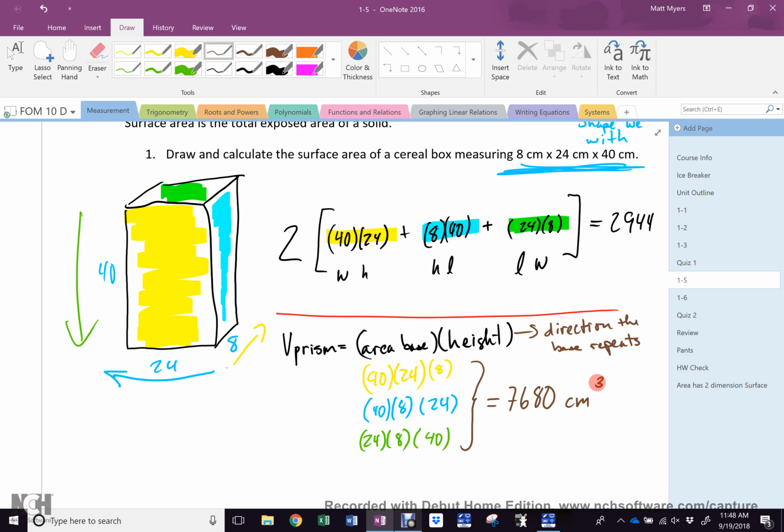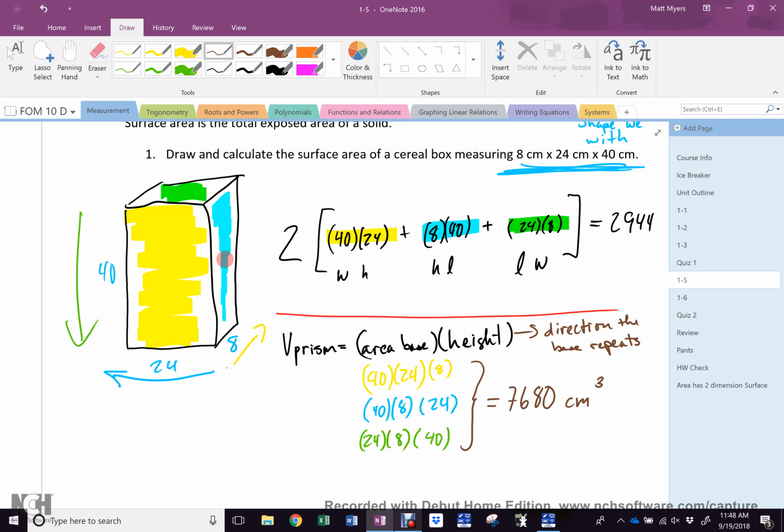But that's why I'm saying I do not use the word bottom. Base is the shape from which you choose to start. So the 8 with the arrow going this way, if that was how you were measuring it, then the cereal box would look like, one second, Ethan, that.